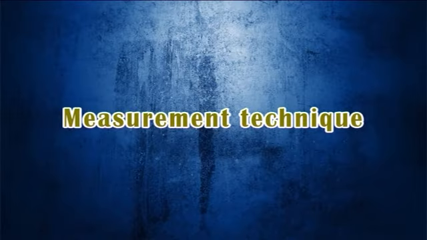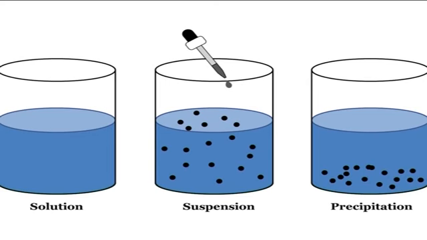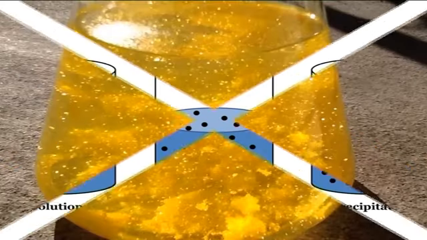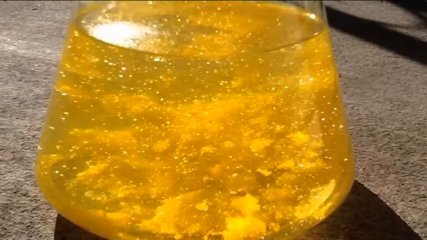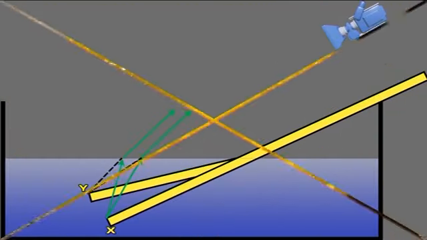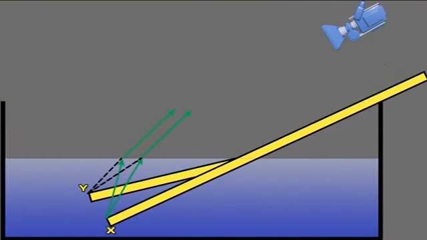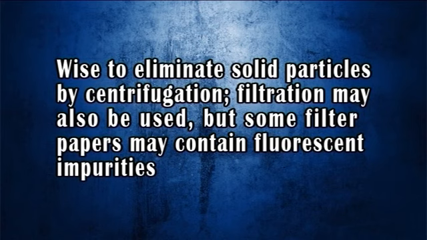Regarding the measurement technique, fluorescence measurements are sensitive to the presence of solid particles in the test solution. Such impurities may reduce the intensity of the exciting beam or give misleadingly high readings because of multiple reflections in the cell. It is therefore wise to eliminate solid particles by centrifugation.